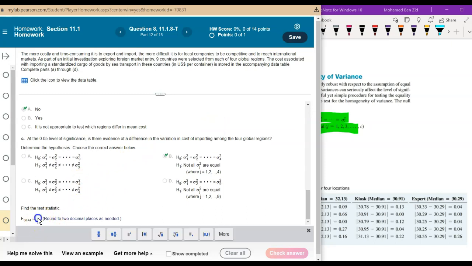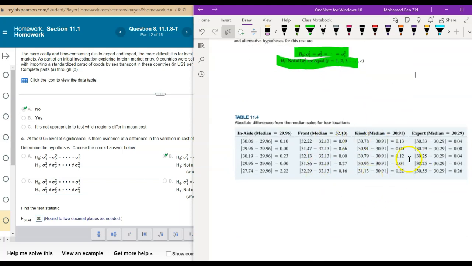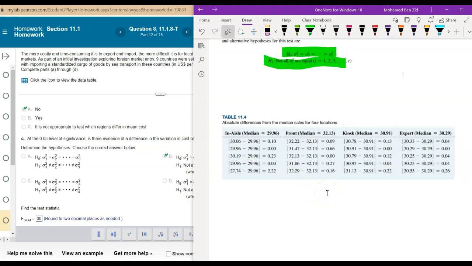Let me go to the test. What I'm going to do is duplicate this table. This table is looking for the median of each one of the columns. Once you find the median, you take each value, the first value minus the median, second value minus the median, and so forth.